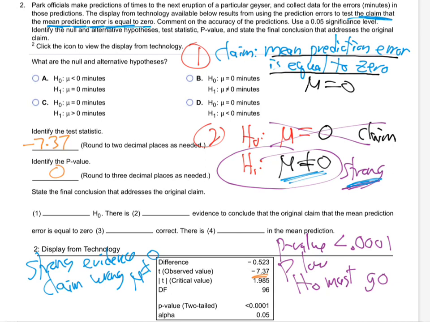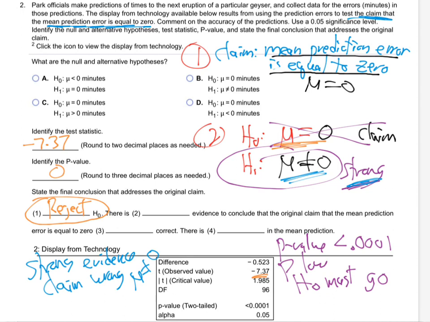All right, so what do we do? State the final conclusion. Are we going to reject or fail to reject H0? Reject. Yeah, right here, look at H0's crossed off. We reject H0. Was there strong evidence to conclude that the original claim, the main prediction, it was 0.